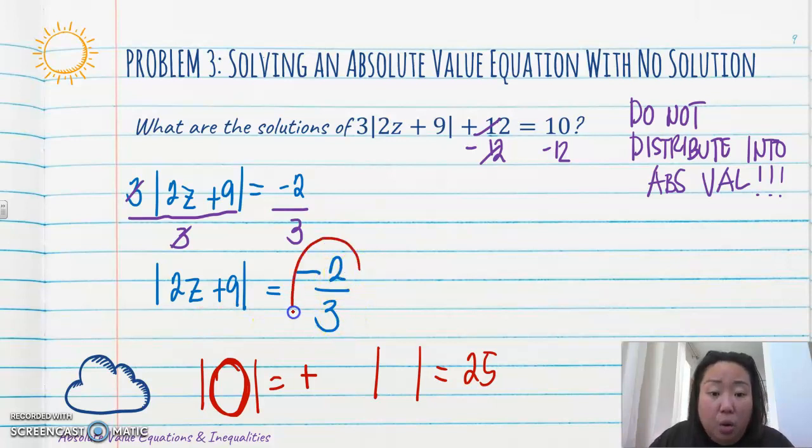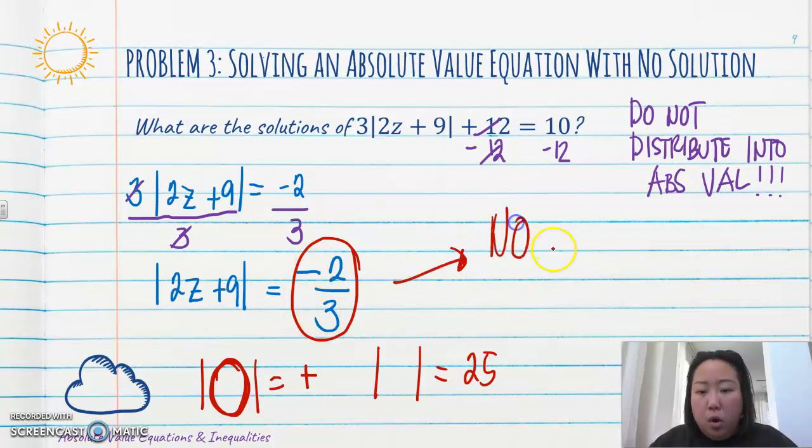Is there a way for us to get an absolute value that is negative? Never, okay? Because absolute values are always positive. The value of any absolute value is always positive. And so because of this negative symbol here, there is no solution.